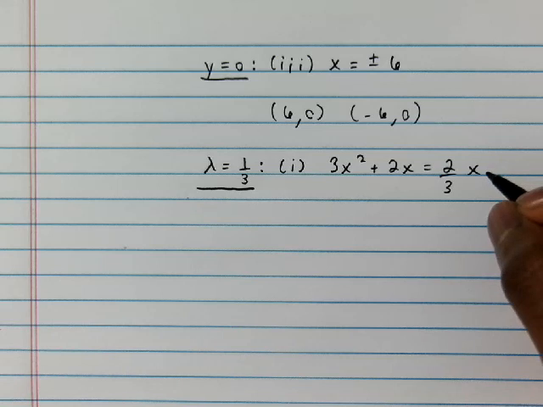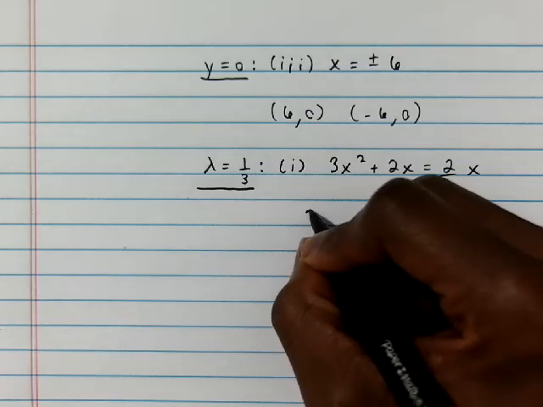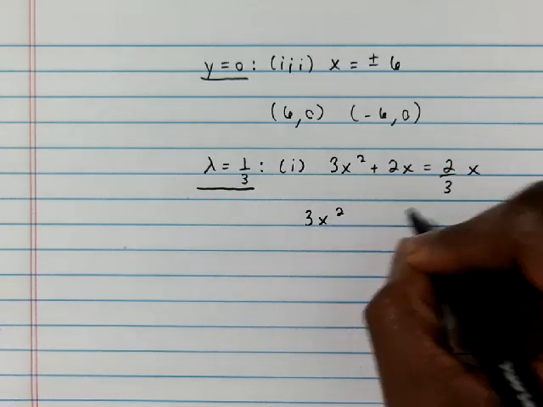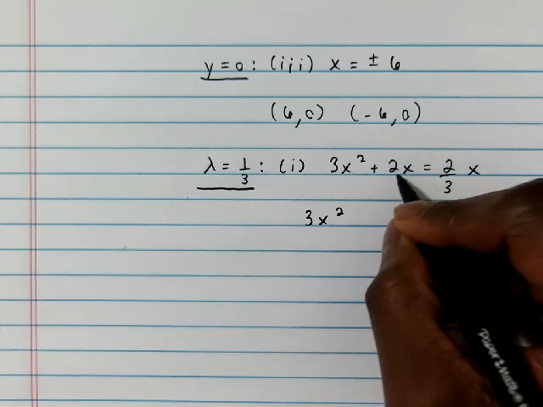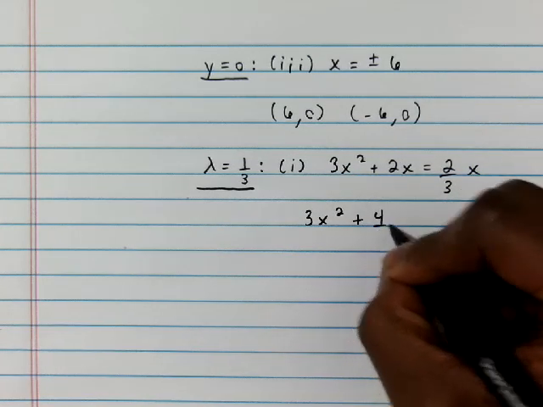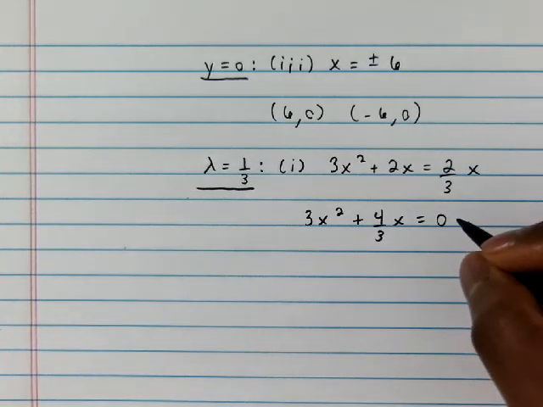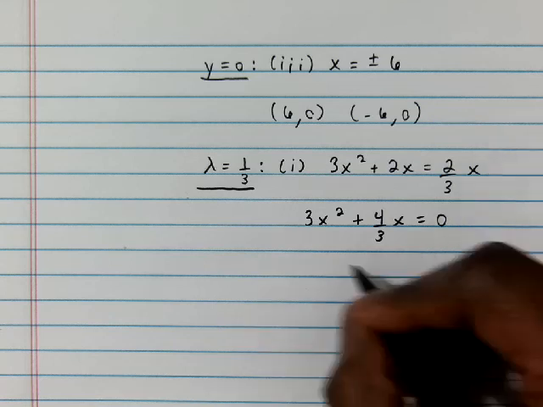So now if we take this and solve it for x, this is the same as 3x squared, and then we have 6/3 minus 2/3, so plus 4/3 x equals 0. And then we can factor out an x from both of these terms.